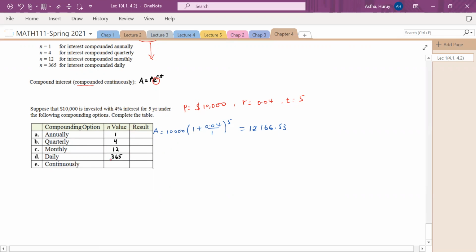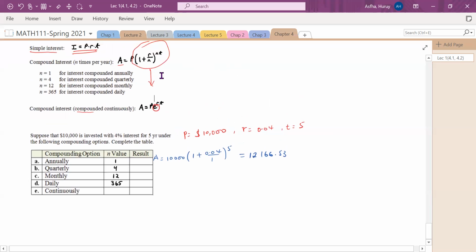For the first four options we use the first formula, and for the last one we use the last formula. Here we have 10,000 times 1 plus R, with N equal to 1 because the compounding is annual, to the power of N times T. N is 1, so 1 times 5 is 5. Using our calculator, we get this value.